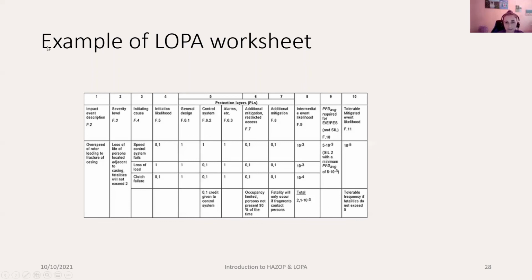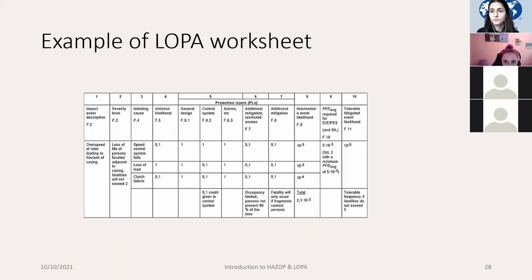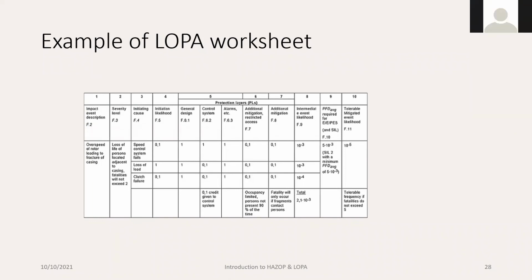So you basically understand the concept, how the steps are done in the LOPA, how this has been performed. Please let me know if you have any questions. I have one question. Yeah. What does restricted access in additional mitigation mean? In additional mitigation, there are two of them.